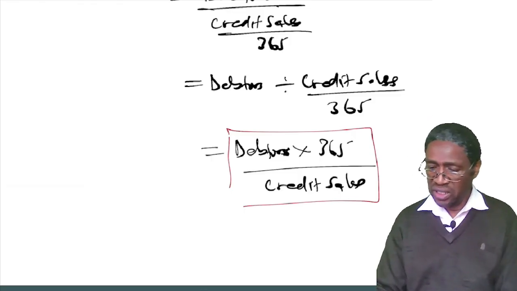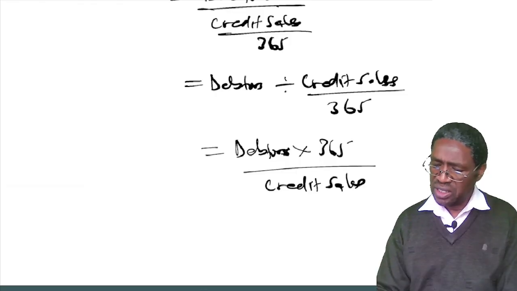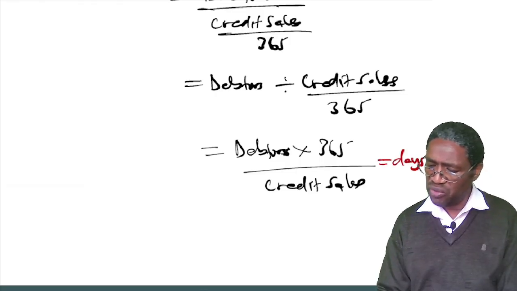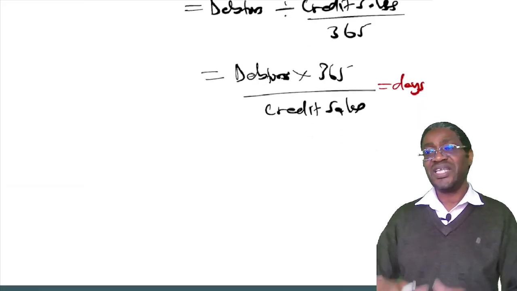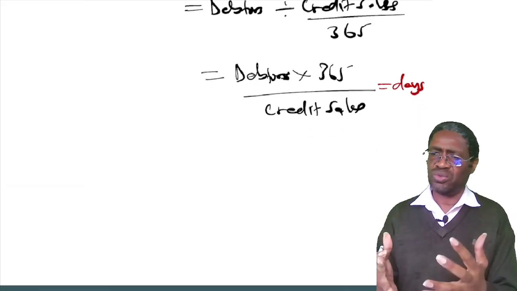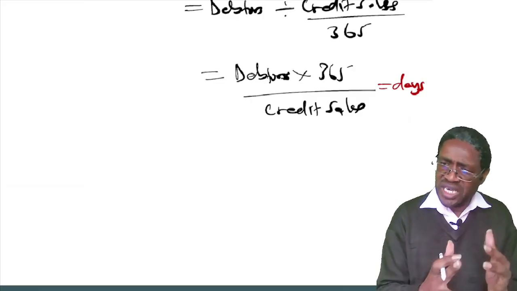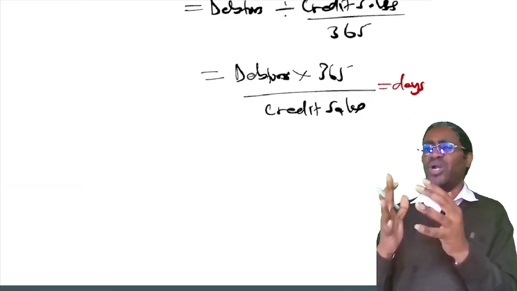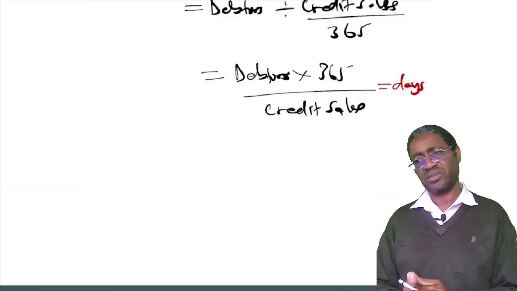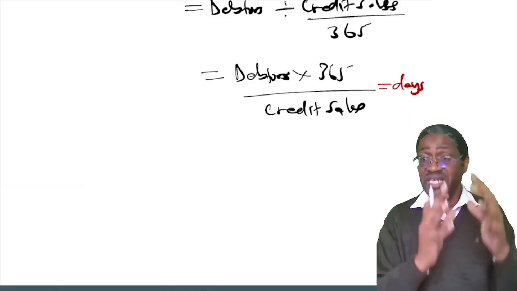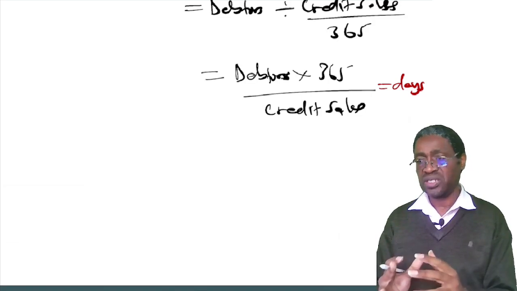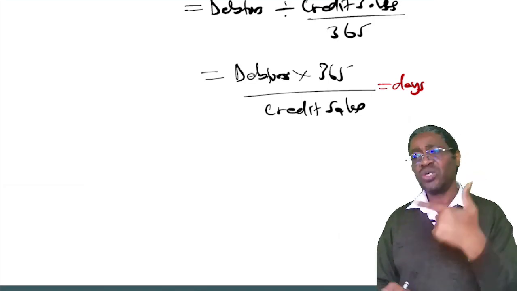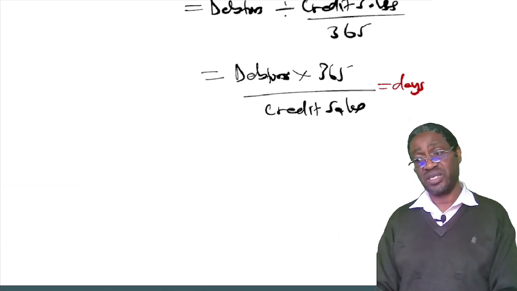Whatever answer you get should be expressed in terms of days. This ratio indicates how many days it takes to collect from your debtors as a business. Once you sell goods on credit, how many days will it take you to collect your money from debtors?